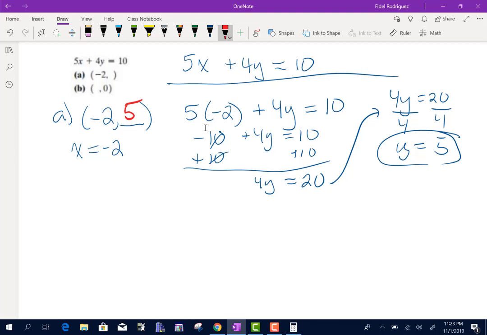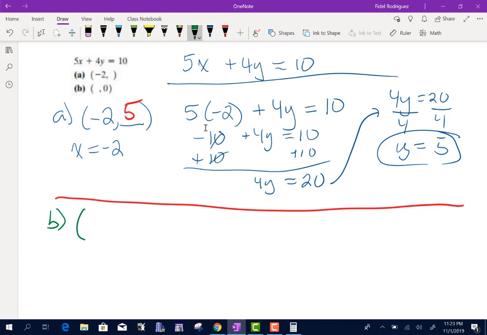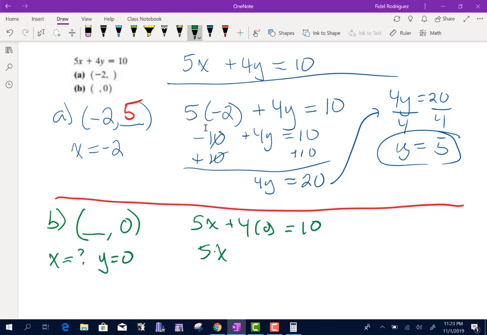So now, let's see if we can do the next part. We'll go about it the same exact way. We notice the next one in part B, we don't know what the x value is, but we know that the y is 0. So we're going to try to find x when the y number is 0. So we're going to go 5x plus 4 times 0 equals 10. 4 times 0 is 0, and 5x plus 0 is still 5x.